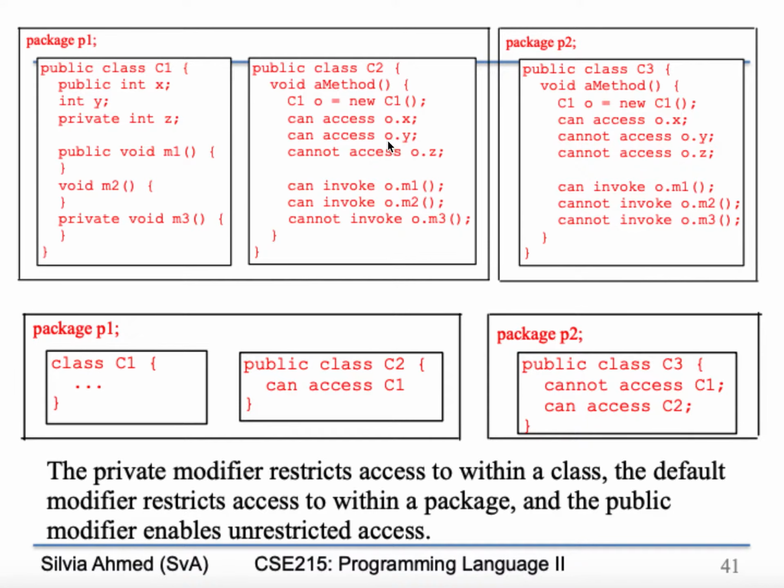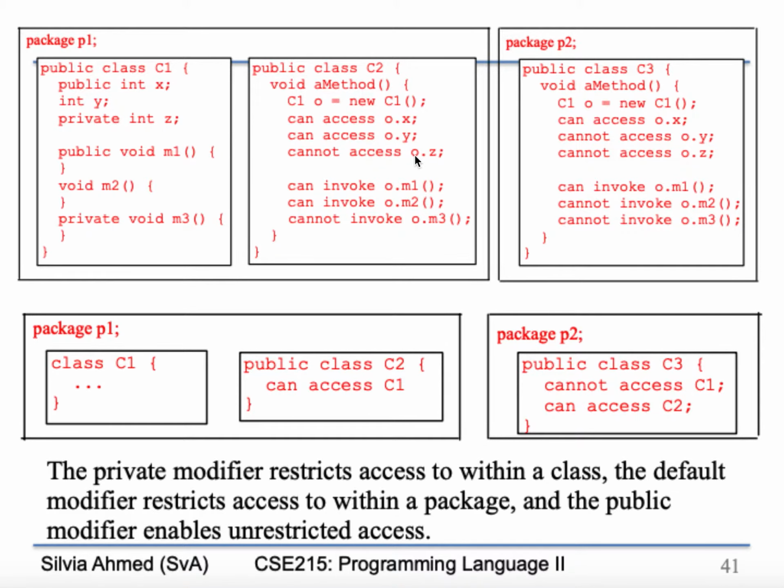Then if we want to try to access O.y, Y has the default modifier. That means it can be accessed from the same package. Since class C2 is inside the same package P1, from C2 we can access O.y. Remember, O is an object of the C1 class.